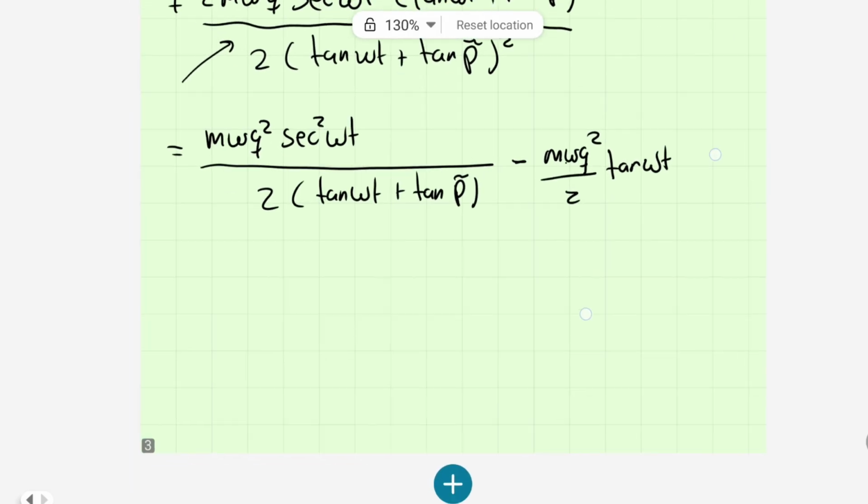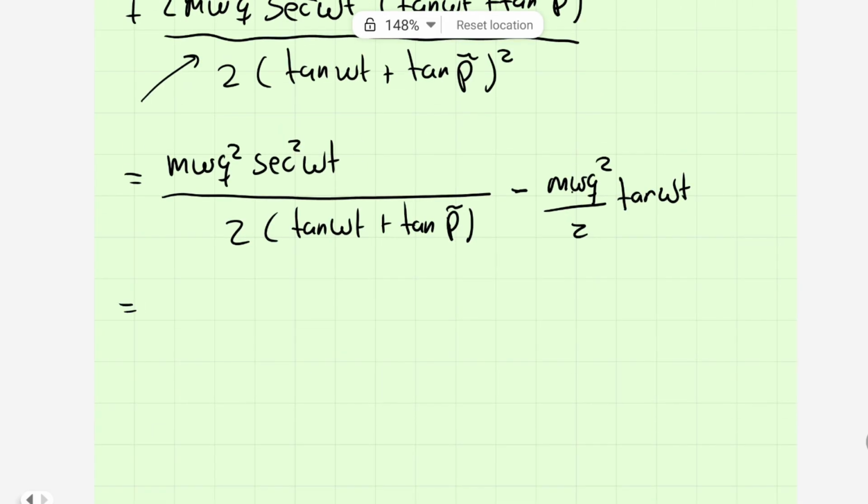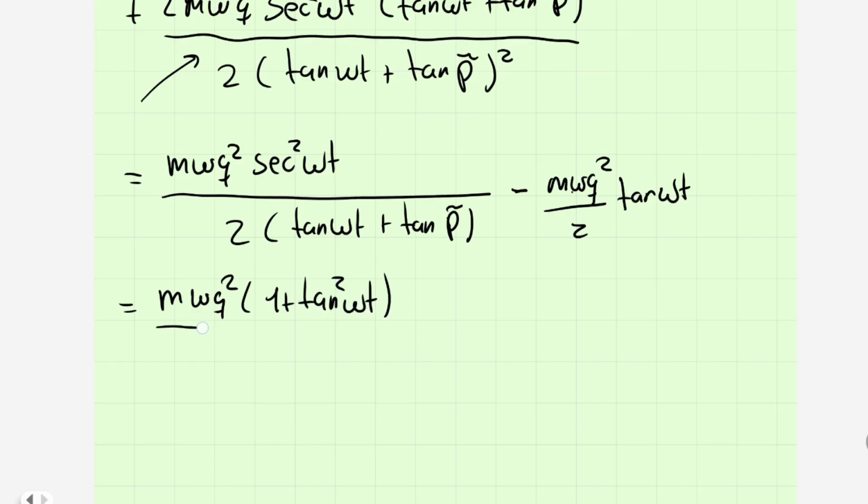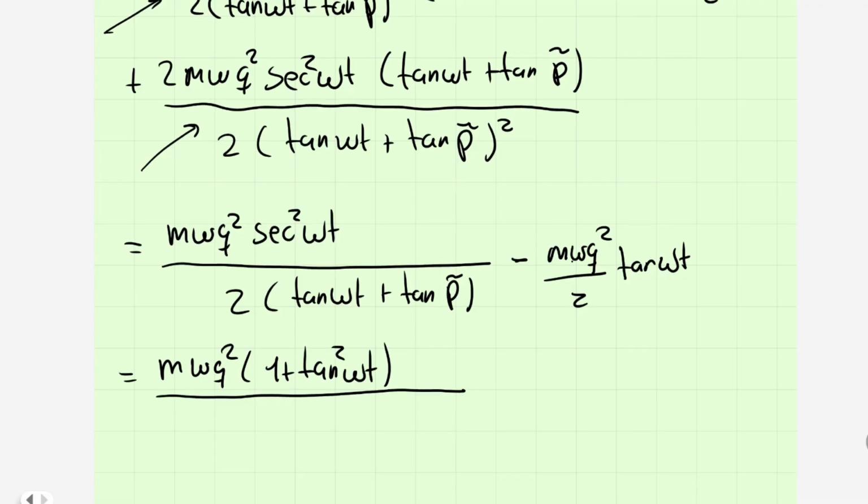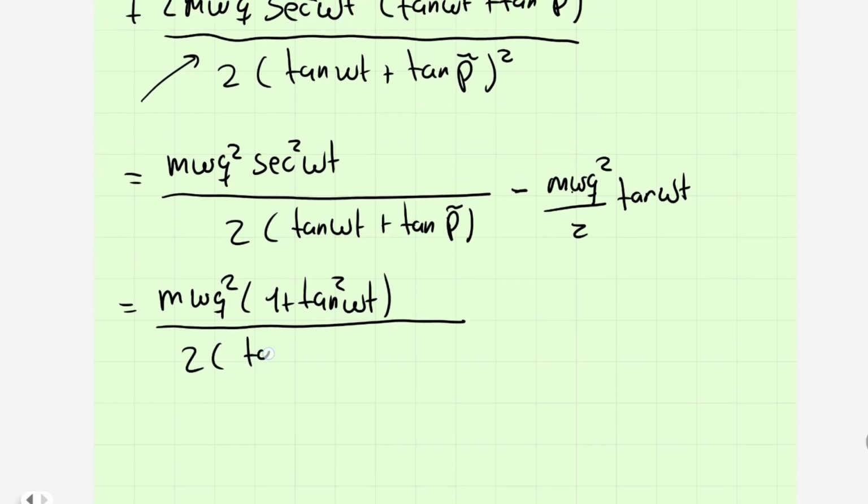And here we are going to do two things. This we are going to write as m omega q squared times 1 plus tangent squared omega t using trigonometric identities. Then this is divided by 2 tangent omega t plus tangent p tilde, and then we are going to multiply here on the numerator and the denominator by this element.